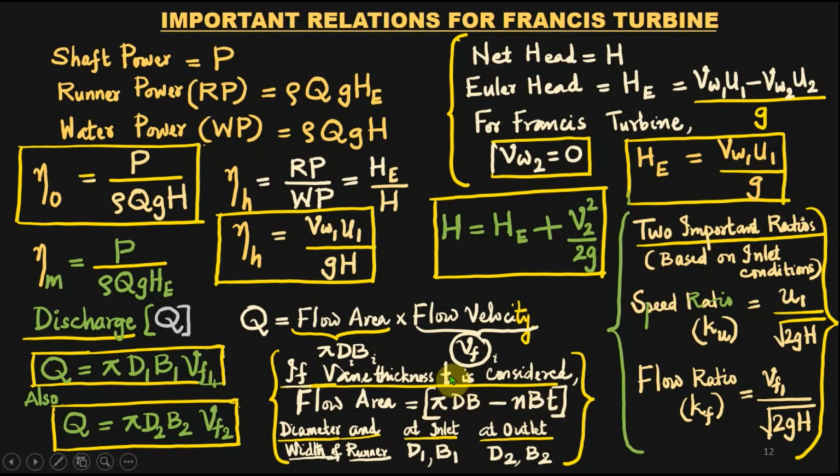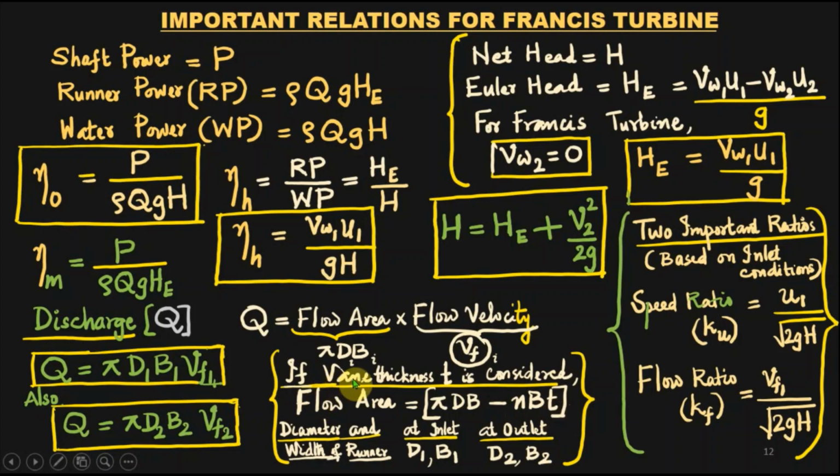So if vane thickness T is given and the number of vanes on the runner is also specified, then the reduction in flow area will be this N B into T. What is N? N is the number of vanes on the runner, B is the width or the breadth of the runner, respectively inlet B1, outlet B2, and T is the thickness of the vane.